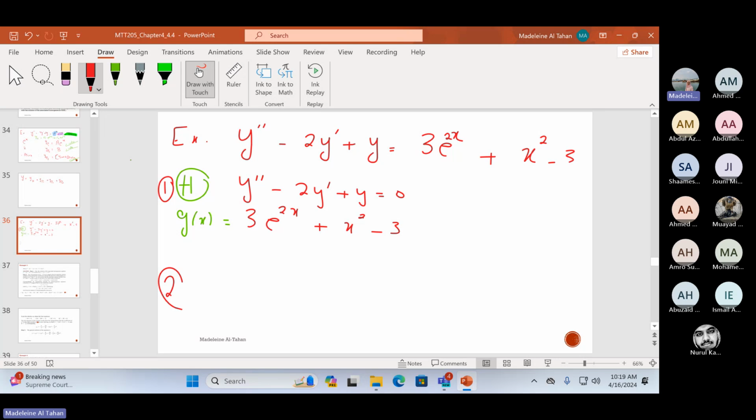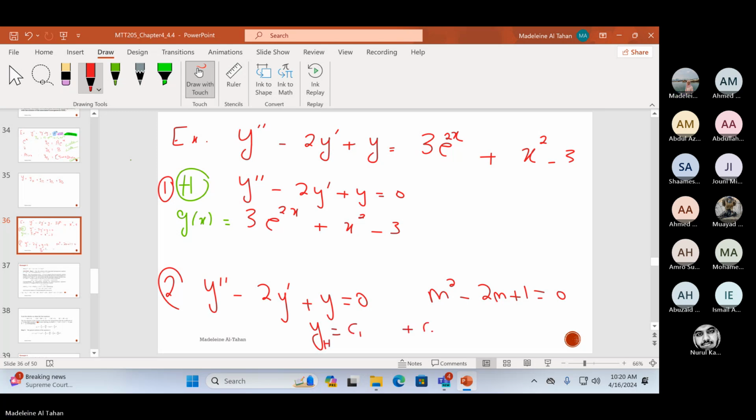Solve the homogeneous part first, miss. I will take the answer from you. So the auxiliary equation is m squared minus 2m plus 1 equals 0. What's yh? What are the solutions?